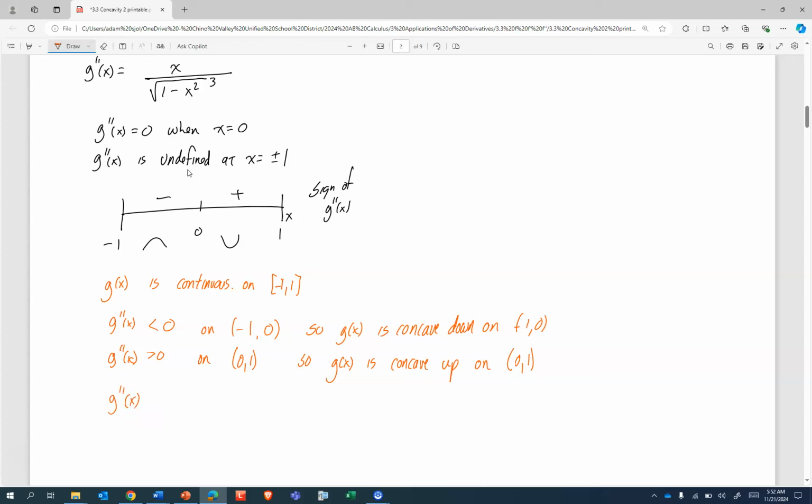G double prime of x changes sign at x equals 0. So g of x has a point of inflection at x equals 0.